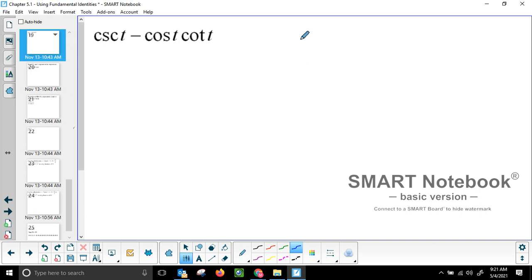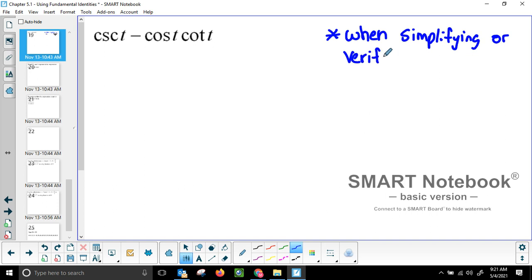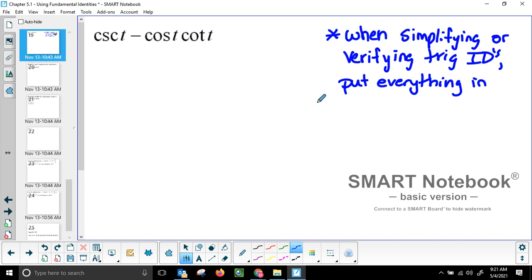One rule of thumb, which doesn't always work but works most of the time: when simplifying or verifying trig identities, put everything in terms of sine and cosine. And it typically helps.